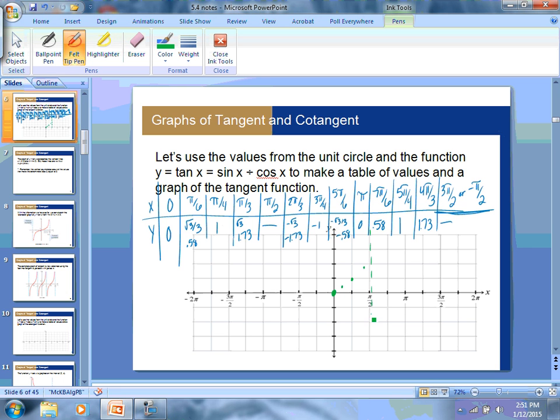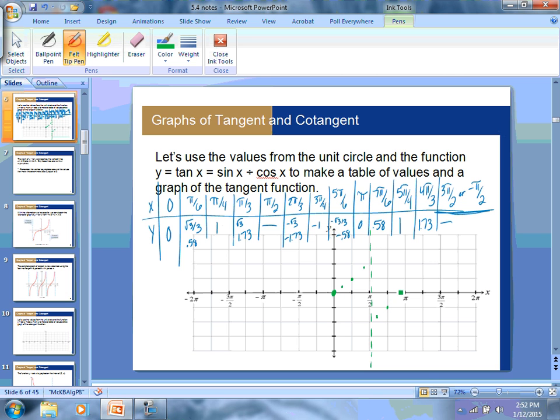And then at the half, it's undefined. So when that happens, my graph doesn't exist. My function doesn't exist there at pi over 2. Okay. And then at 2 pi over 3, I'm at negative 1.73. So maybe down here. And then at 3 pi over 4, I'm at negative 1.